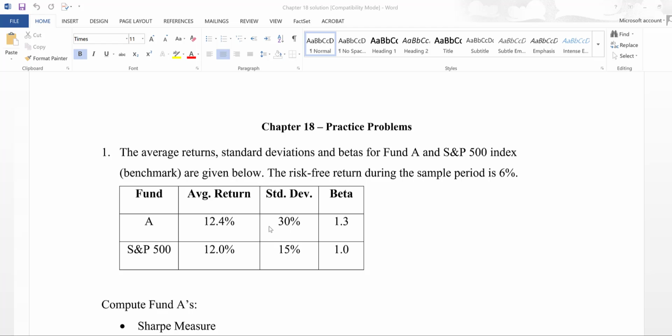So we combine the fund with Treasury bills to get a new portfolio that has the same risk, or sigma, as that of the benchmark. Our fund has a standard deviation of 30%, the S&P 500 standard deviation is 15%. So we want to add enough Treasury bills to this fund to bring down the risk from 30% to 15%, right?